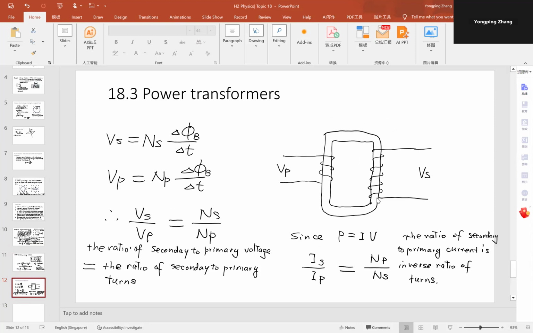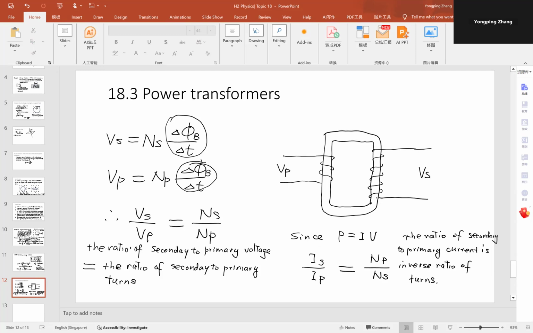The last part is the power transformer. We know that this is the primary coil and this is the secondary coil. The flux change rate is equal in both.